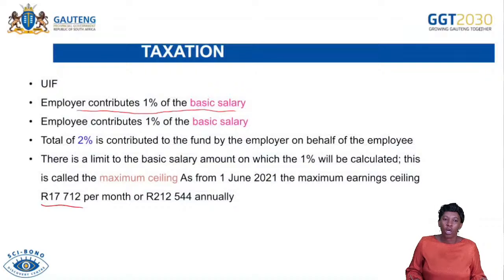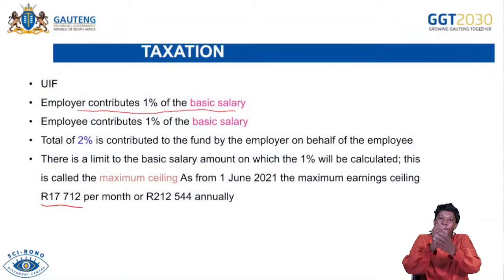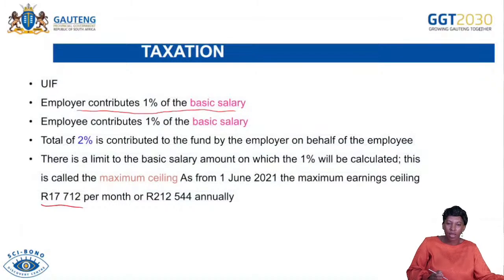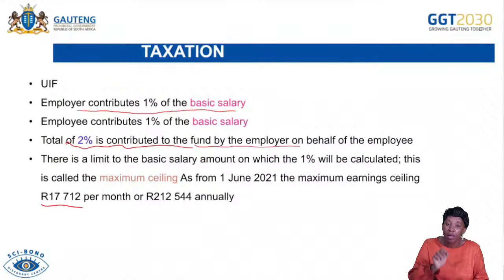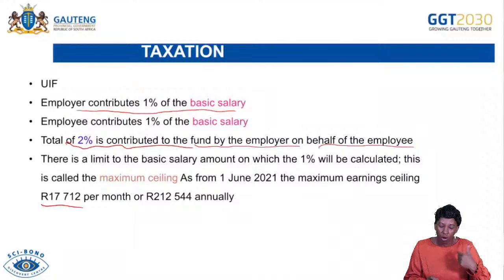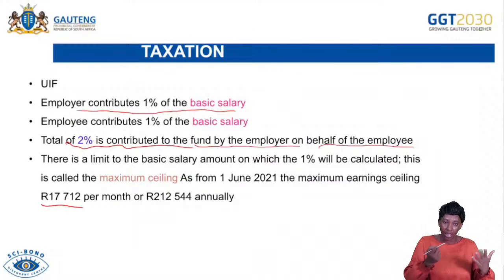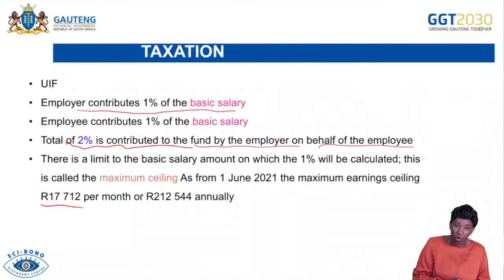So all in all, towards the fund, it will be 2%. It's one from the employer, one from the employee. Together it's 2%. That 2% will be contributed to the fund by the employer on behalf of the employee. So when I'm out of work, I'm able to claim for that portion.